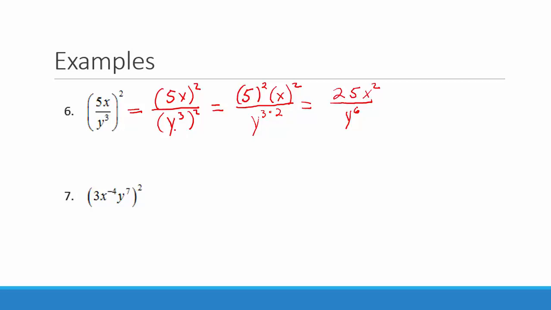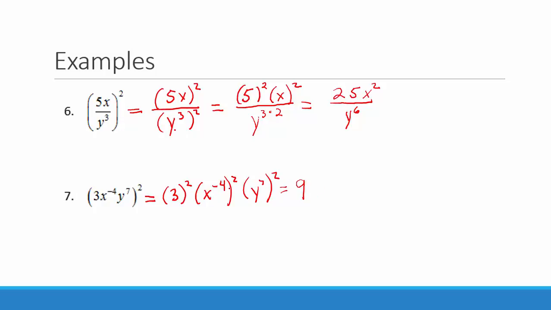Our next example is a product raised to a power. So we will distribute the square to each factor in the parentheses. So we raise the 3 to the second power, the x to the negative 4 to the second power, and the y to the 7th to the second power. 3 squared is equal to 9.